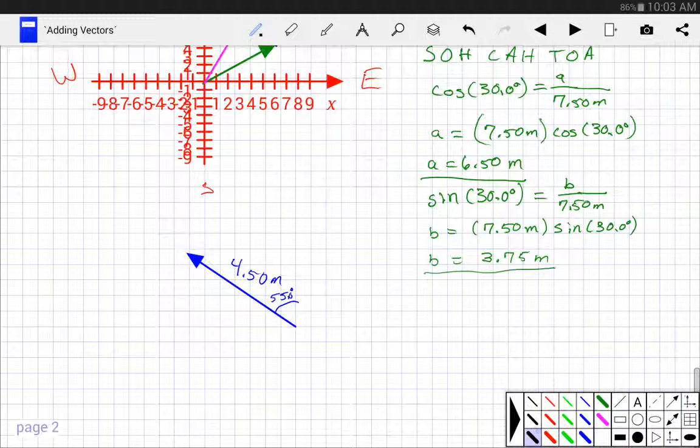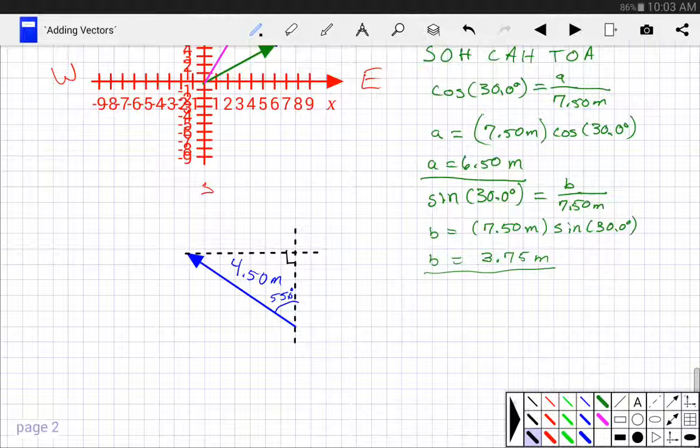I need to put in my component directions, so I will put in dashed lines again for my components. This time I'm putting in the north one first, and then I'll put in my east one second. And now I have a right triangle.